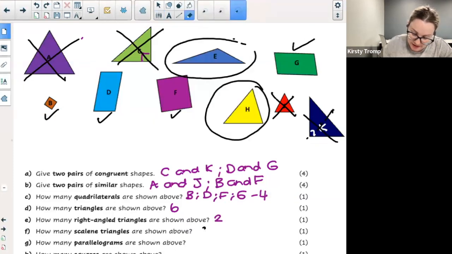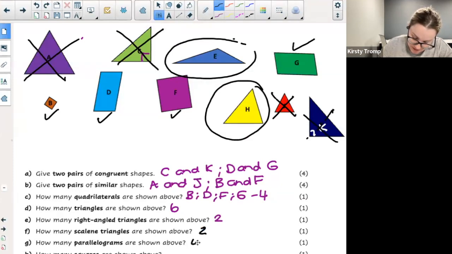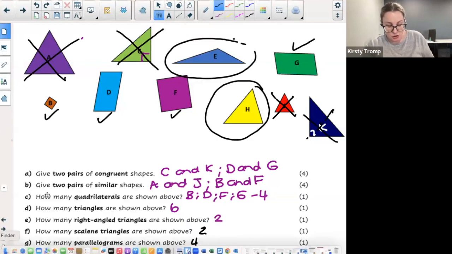Remember that a square is also classified as a parallelogram. And finally, how many squares do we see above? I see 2 squares. All right, grade 7s, that brings us to the end of our lesson tonight. I know it went by so super quick.